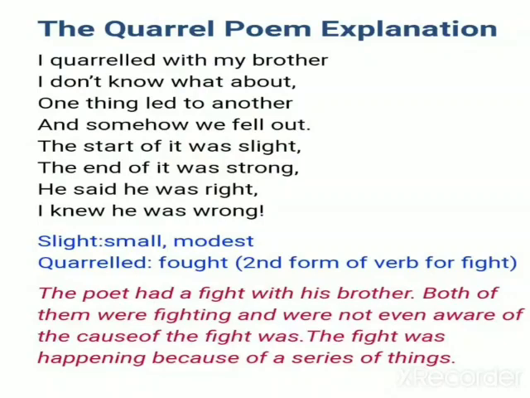So here in the first paragraph, the poet wants to tell that the poet had a fight with his brother. Both of them were fighting and were not even aware of the cause of the fight. The fight was happening because of a series of things.